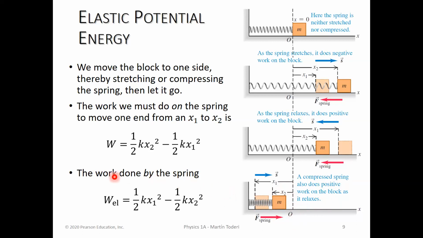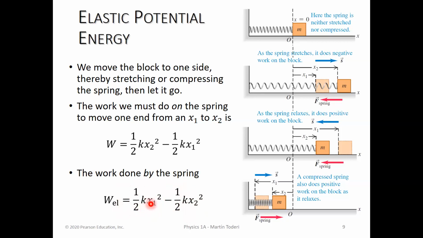Right. So if we take a look at the work that the elastic force is performing, you can notice that, similarly to the gravitational potential energy, we have an expression which is stating the difference of two states in our system of coordinates, so state 1 and state 2.